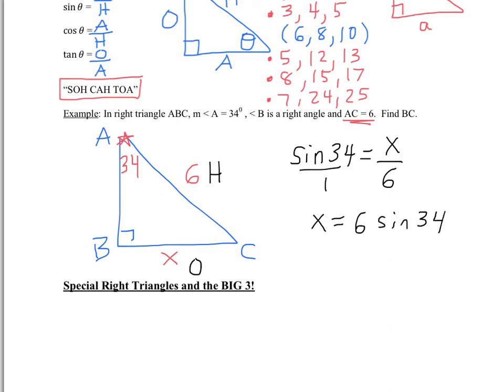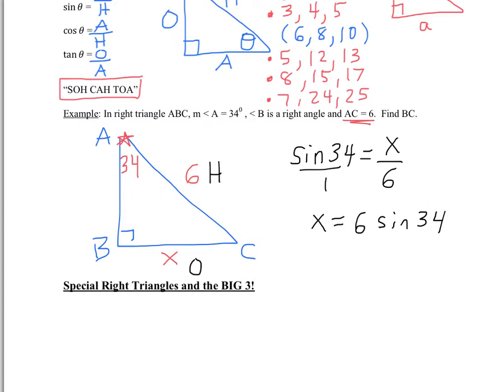Now, one annoying thing to be on the lookout for throughout this entire unit is you have to be careful of what your calculator mode is showing you. So right now we are talking about a 34-degree angle, so you have to pay attention to what mode your calculator is in. I know it's annoying, but we're going to be flipping back and forth between degrees and radians throughout the entire unit.